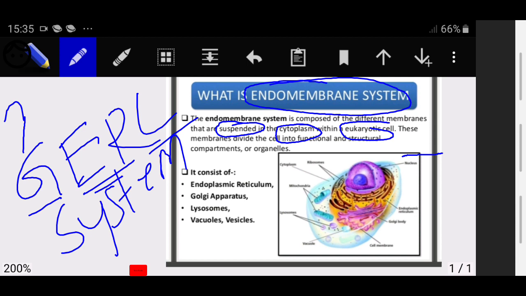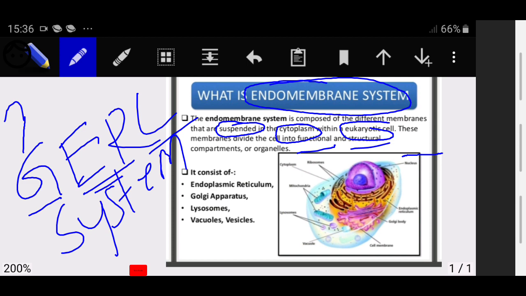Mostly when you learn the GRL system, you come to know the functions of these three very well, right? And that's why we mention here function and structural compartments or organelles. The presence of these membranes makes the functional and structural differentiation, and that is what we come to learn very well.